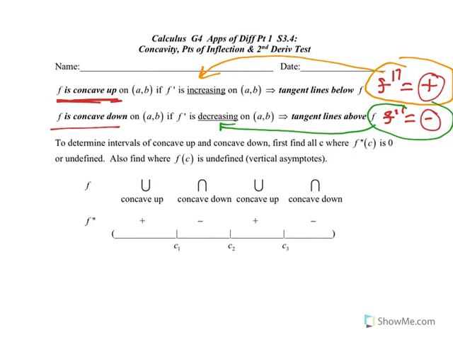And just like yesterday when we did a first derivative test, for this one we're going to do a second derivative test. It's going to be the same idea. We're going to do an interval test. We're going to find our possible curvature changes. So this is what they call points of inflection.